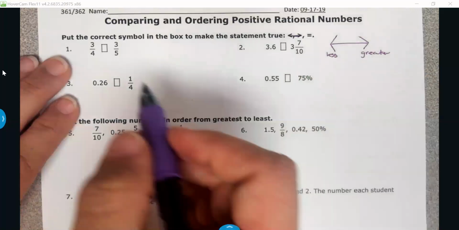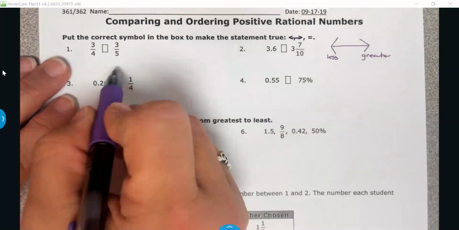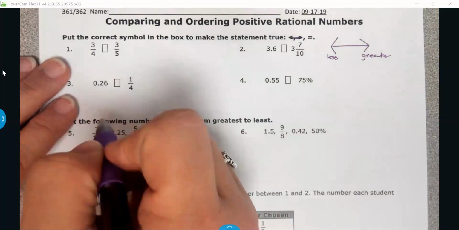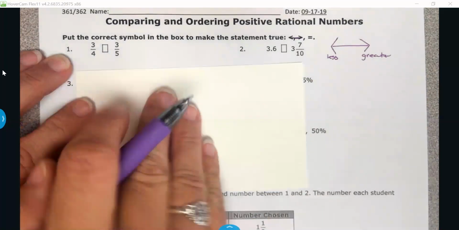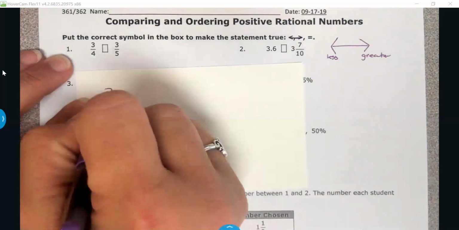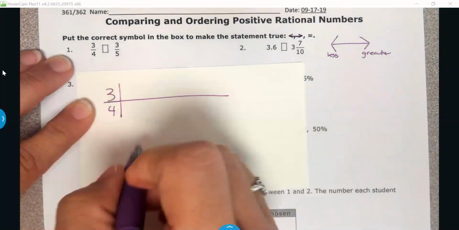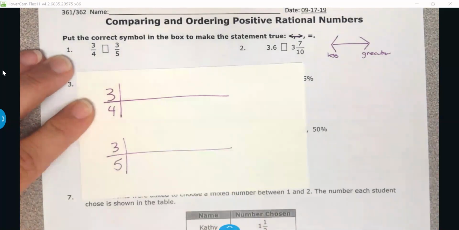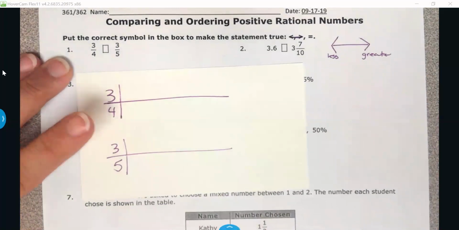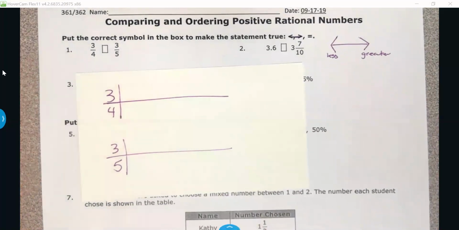So now when I compare fractions, I could go through and make an equivalent fraction table for both and solve it that way. So I could make 3/4 and make an equivalent fraction table until I get to the same denominator as 3/5. However, I find that a lot more difficult and a lot longer.